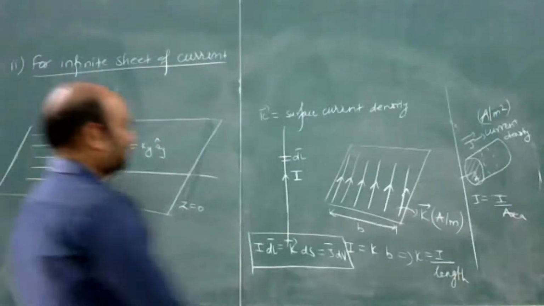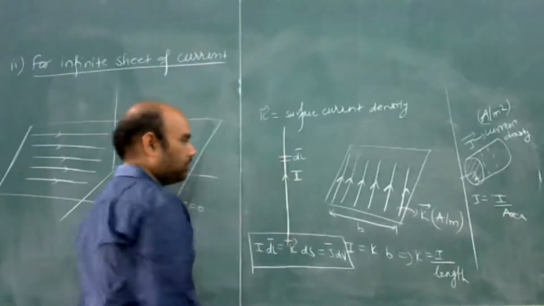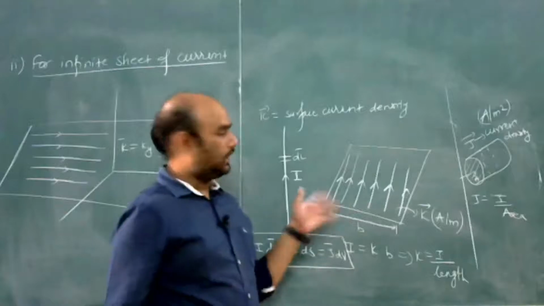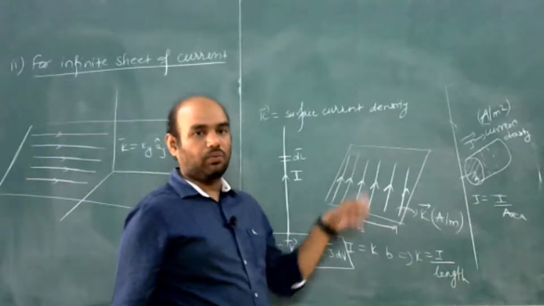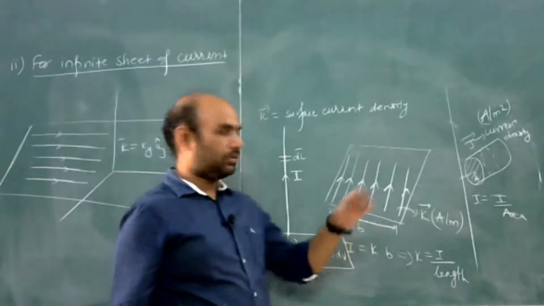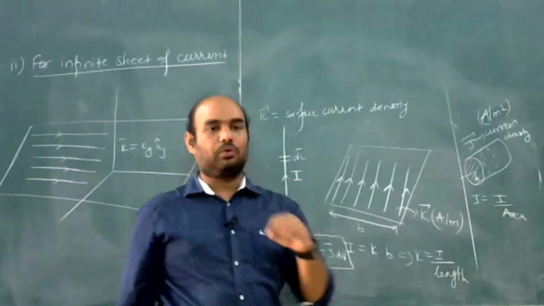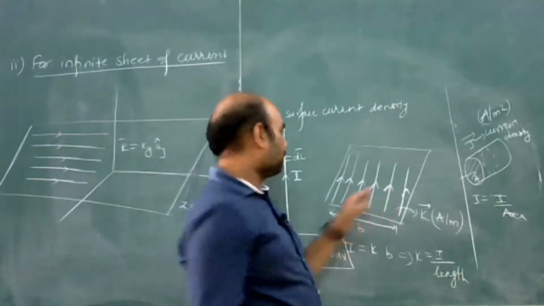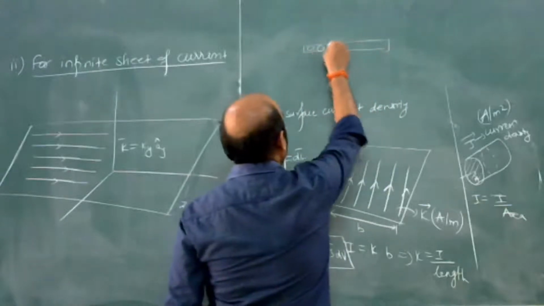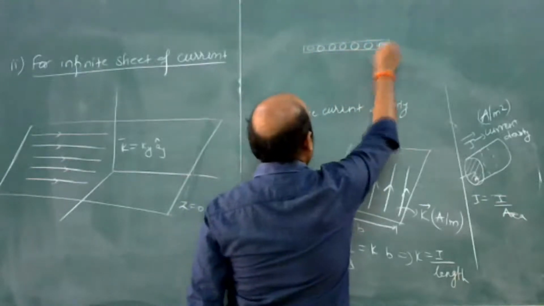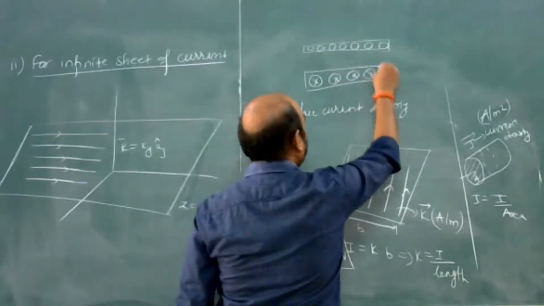So this is a current filament with differential or real current I flowing. This is a sheet of current. There are a number of conductors, and current is flowing through these conductors like this. You can consider a motor: current flows in from one slot and comes out of another slot. So this is a dot, and this will be the one coming out.